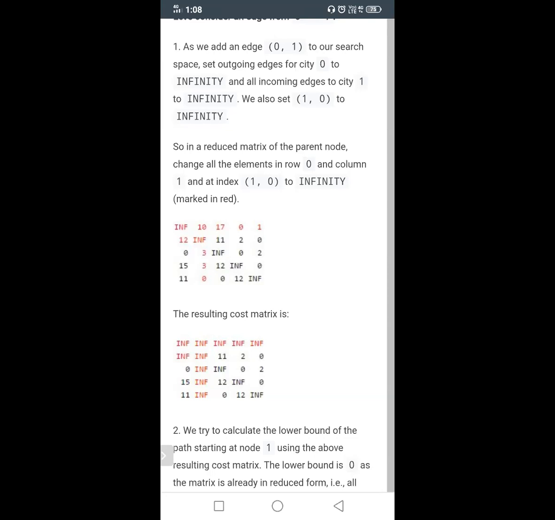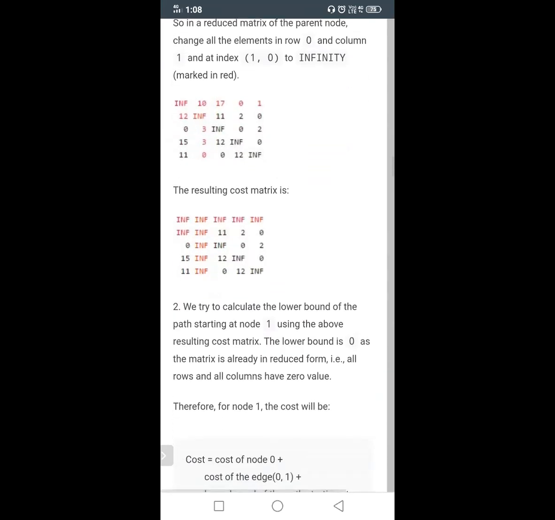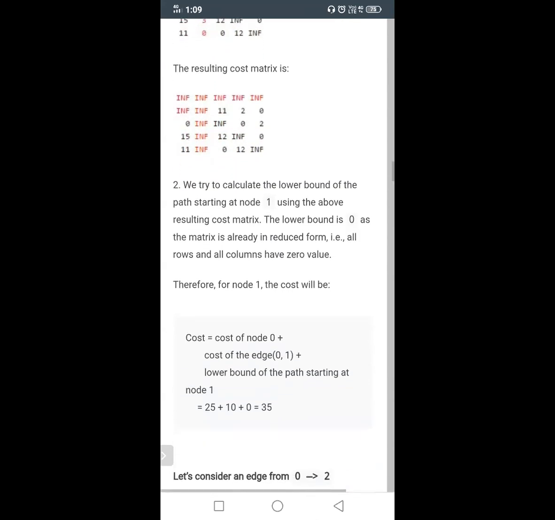Then what we have to do after that? We have to calculate the lower bound of the path starting at node 1 using the above resulting cost matrix. So what is the formula? Cost equal to cost of node 0, which is 25, plus cost of edge 0 to 1.